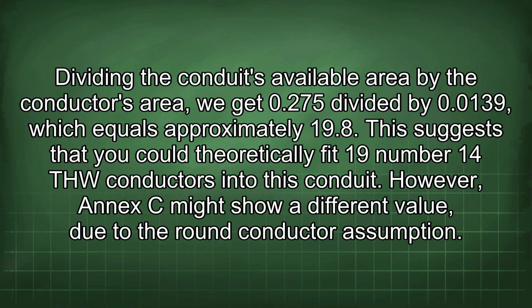Dividing the conduit's available area by the conductor's area, we get 0.275 divided by 0.139, which equals approximately 19.8. This suggests that you could theoretically fit 19 number 14 THW conductors into this conduit. However, Annex C might show a different value, due to the round conductor assumption.